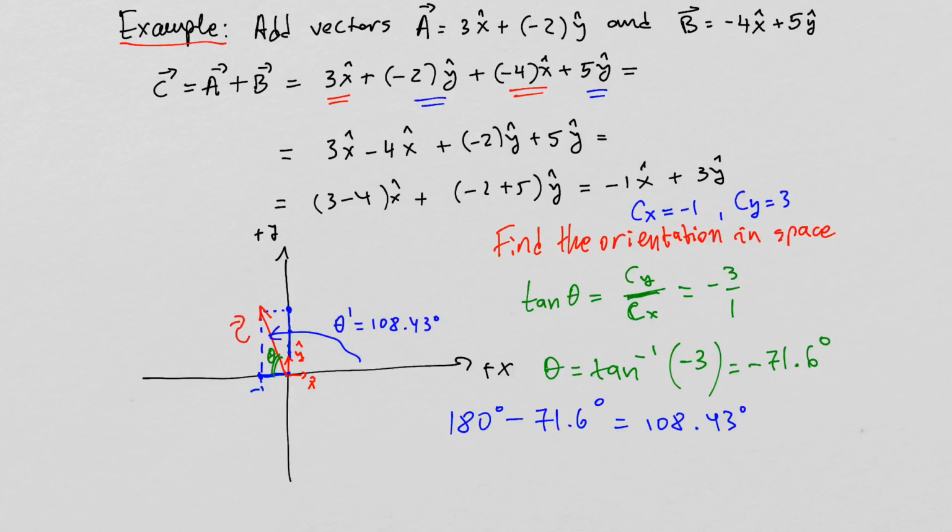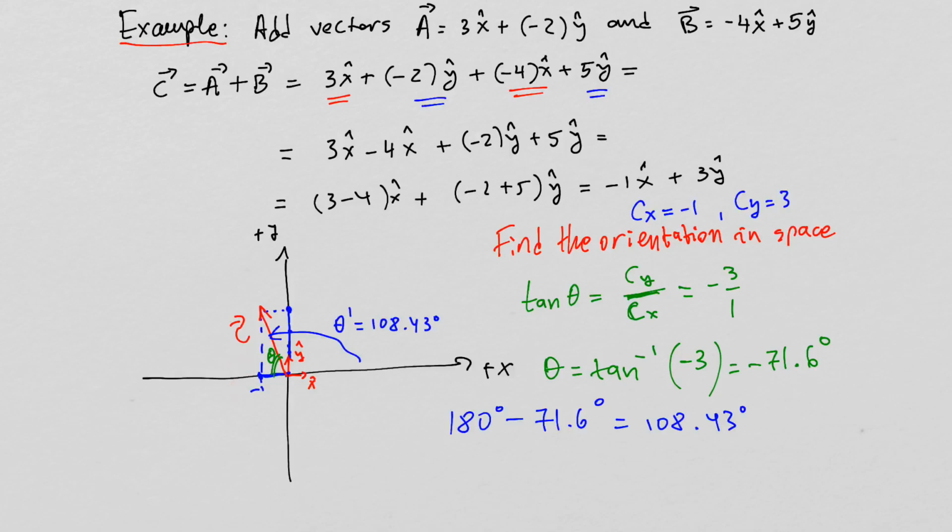And because of the possibility of the resultant vector to be anywhere in the coordinate system, that's why you should draw the resultant vector to determine, when you do the calculation of the angle, where that angle is. Is it from the negative x-axis?